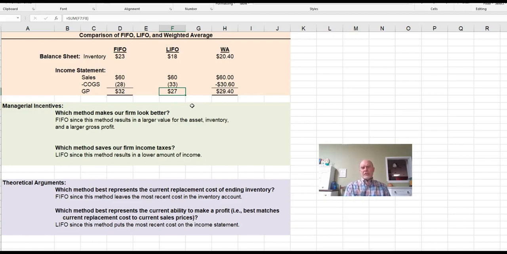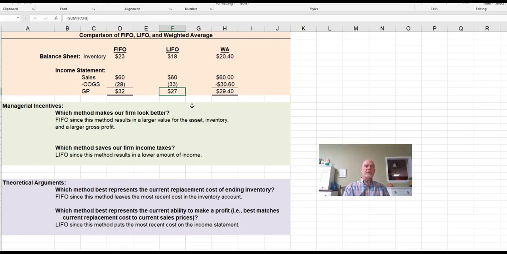And in terms of saving taxes, with a relatively low inflation rate, the differences are not that significant in many cases anyway. So the incentives to use LIFO just are not there like they have been in some time periods.